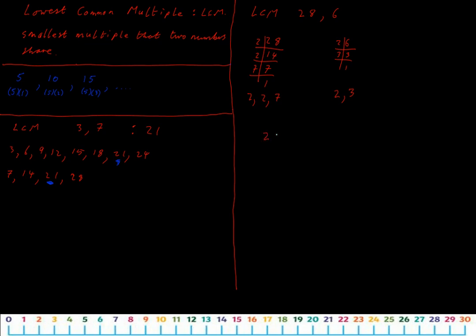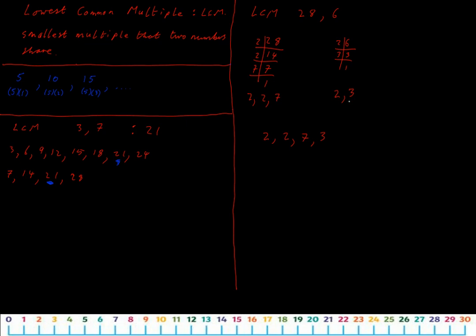So we're going to want 2, 2, 7, and 3. Those are the prime factors of the number we're looking for. Now, why have I done that? Because I want my lowest common multiple to have all of the factors of my two original numbers.